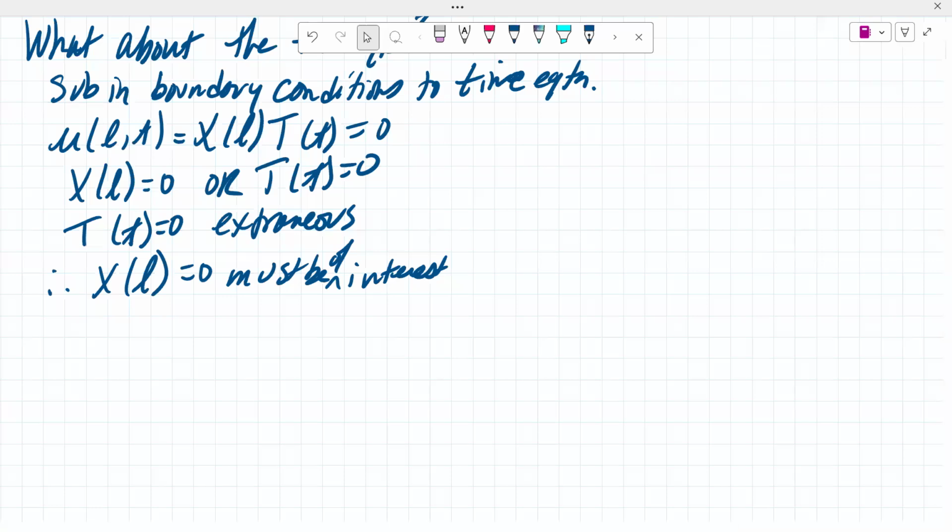And this one also yields a trivial solution. I'm going to leave that one for you to solve in the interest of time. You can plug in yourself, and this also gives the same result.